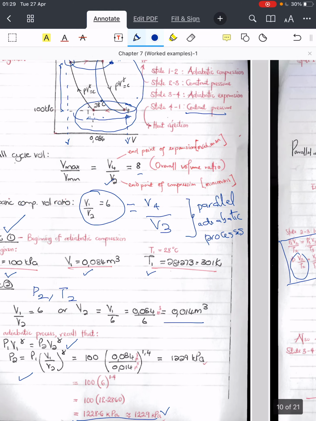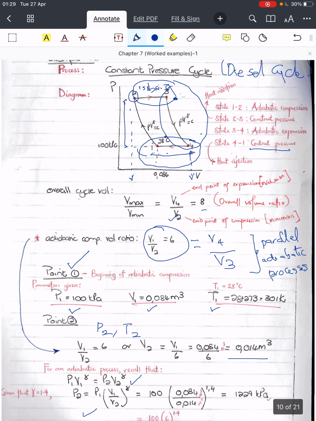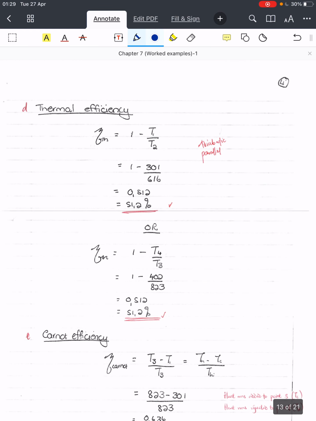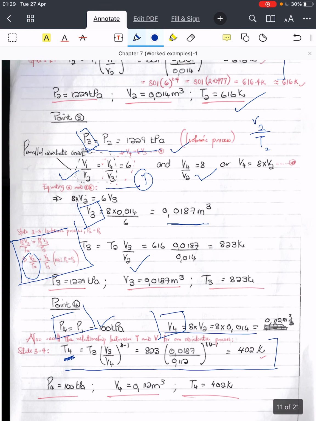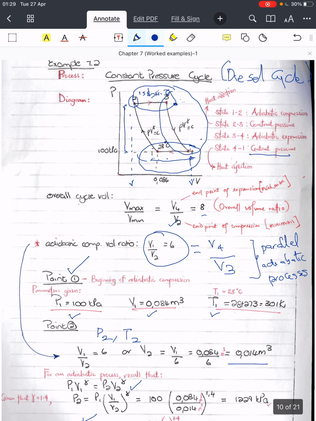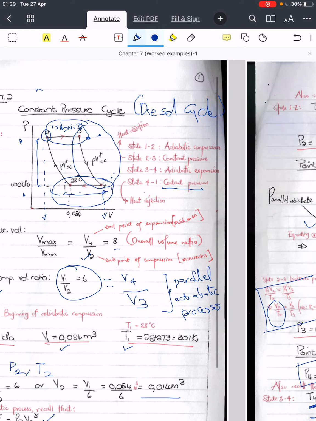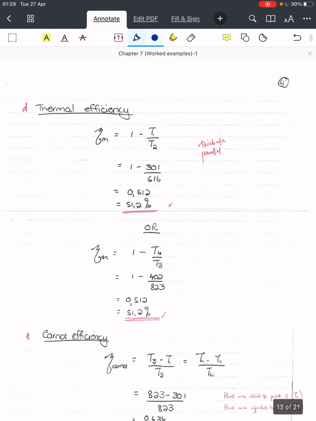If we go back to our diagram, you see that it's taking place at T1, T2, or T3, T4. So if you plug those in, either way, whether you use this or that, you should get the same answer.